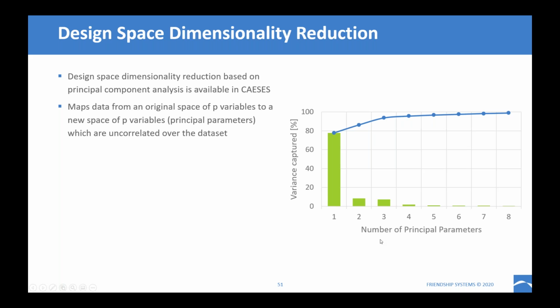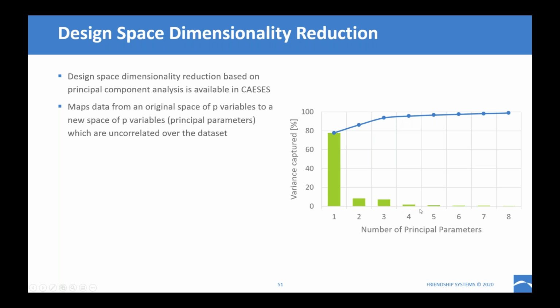And you can see here that we have a plot that gives the percentage of variance that we capture with a certain number of principal parameters. And you can see that with one of these principal parameters, of this new set of parameters, we can already reach almost 80% of the variance of the previous design space.